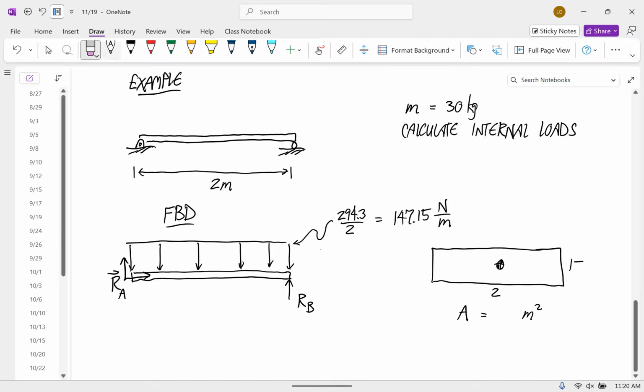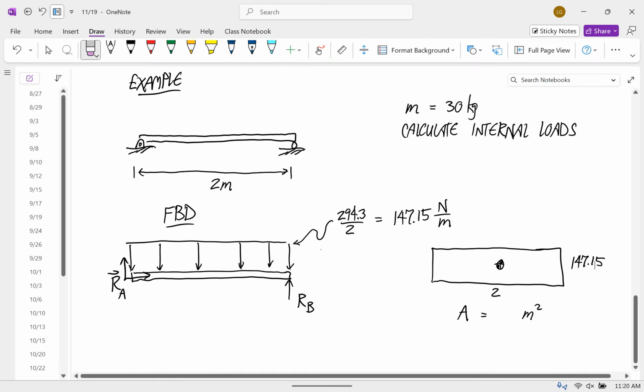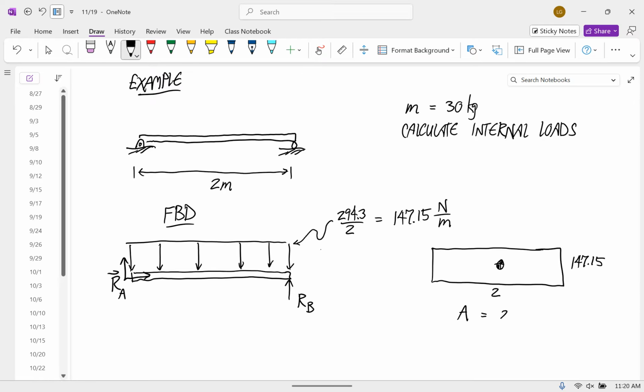So that's my real height. You've done that calculation a million times. 147.15. And so the area is, well, the original weight back, 294.3.